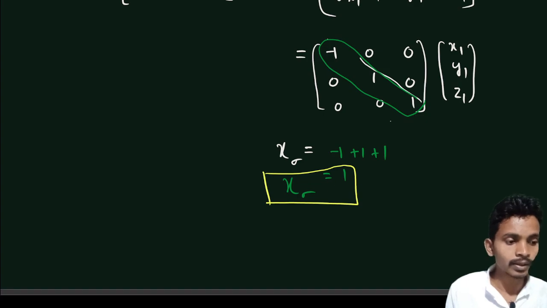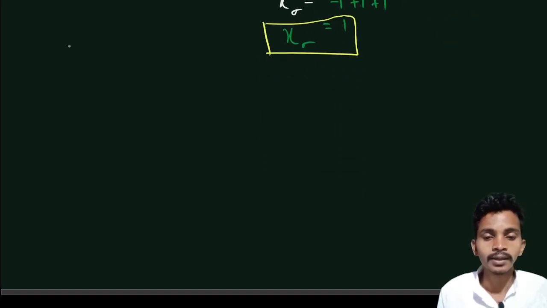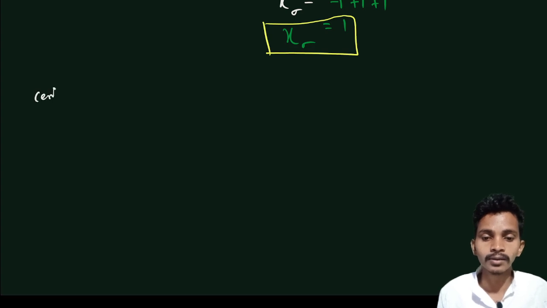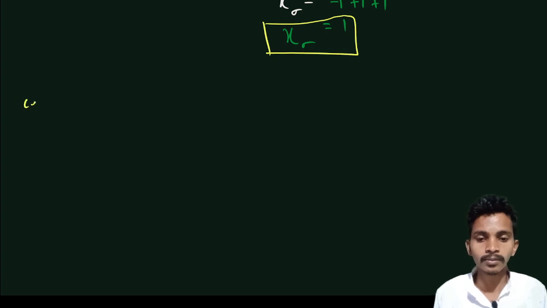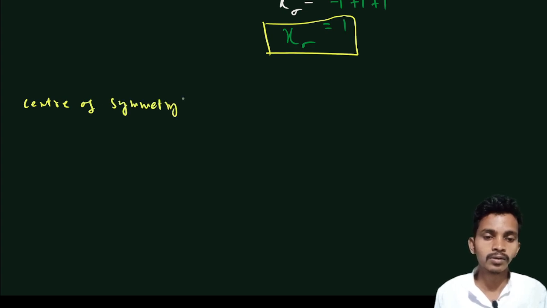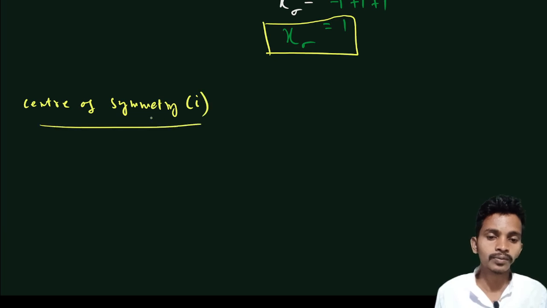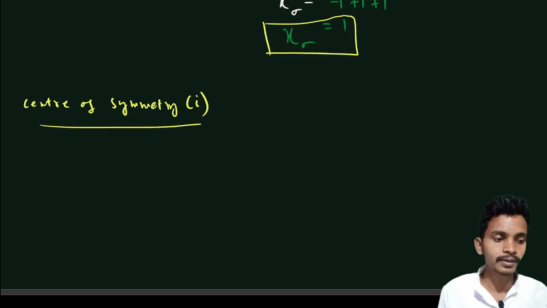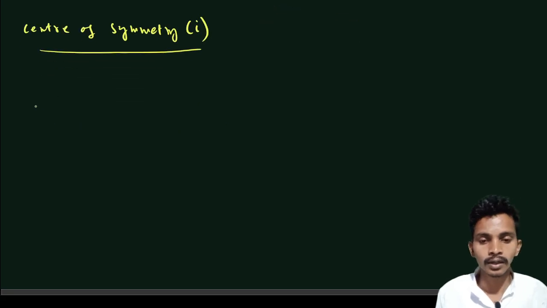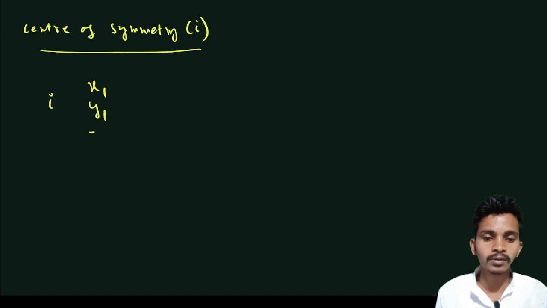Okay, similarly we will get another matrix for another symmetry operation, let's say the center of symmetry. Let's discuss the center of symmetry. I use I, and let's say x1, y1, and z1.